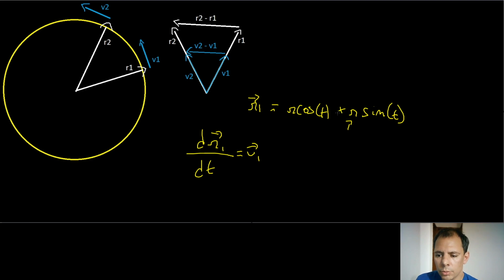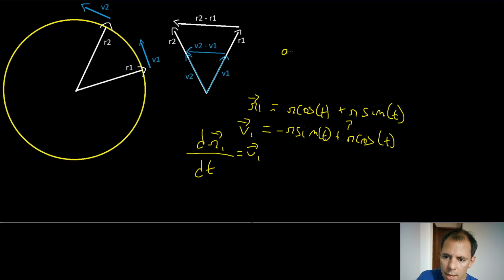Now, let's try to get the derivative of this. What would it be with respect to time? It's going to be minus R sine of t, okay, plus R cosine of t. So this right here is going to be the velocity vector. So this is R1, so this is V1, okay? And the derivative of the velocity vector is going to be the acceleration vector.